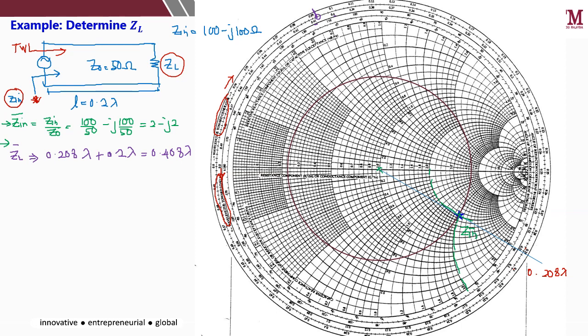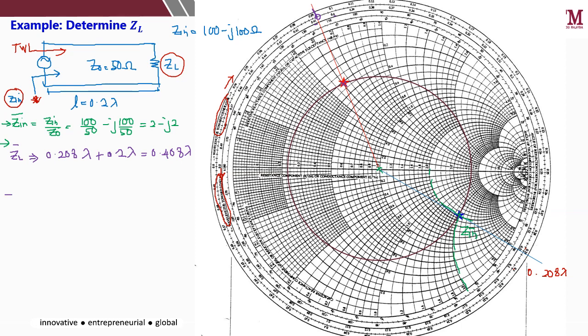Okay, so then draw a line from the center, crossing the SWR circle, right? So then you'll get your normalized Z load, and then read the value of your normalized Z load.